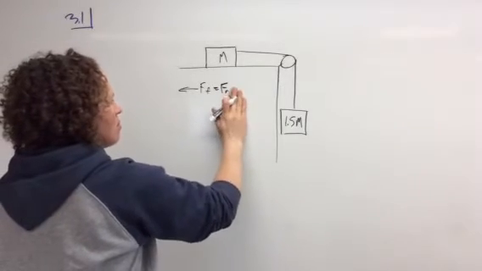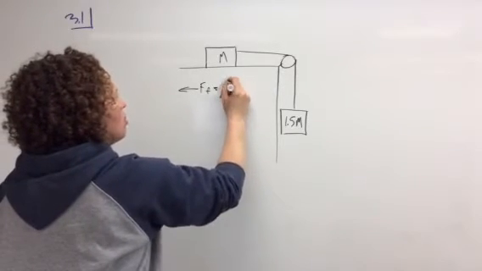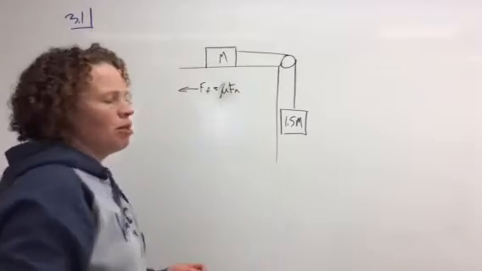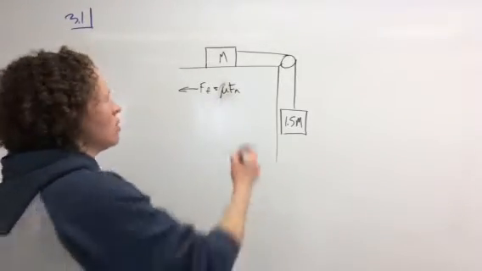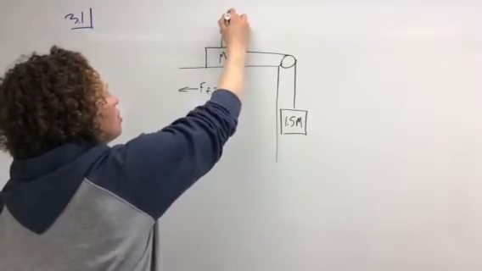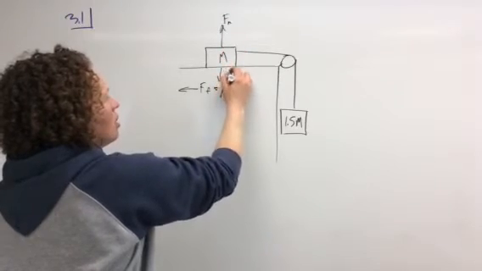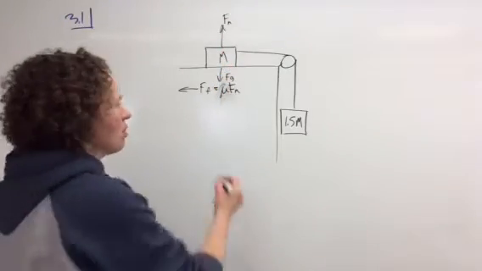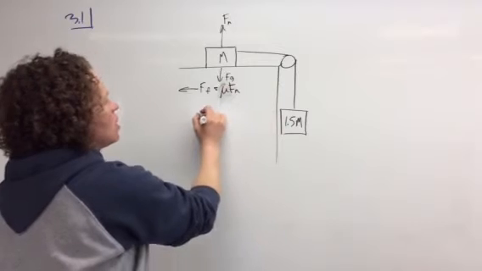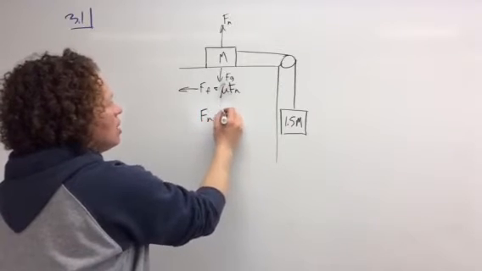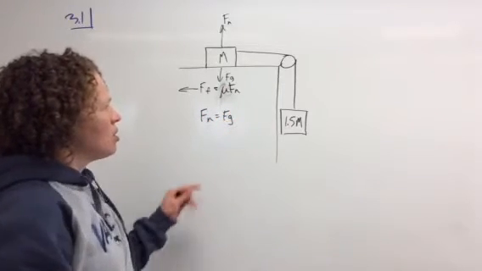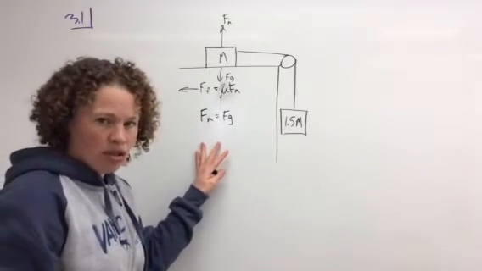Well, I guess you usually go mu times Fn, remembering that the normal force is the one pushing up this way and meeting the gravitational force going backwards, which means that on a flat surface, the normal force equals the force of gravity.